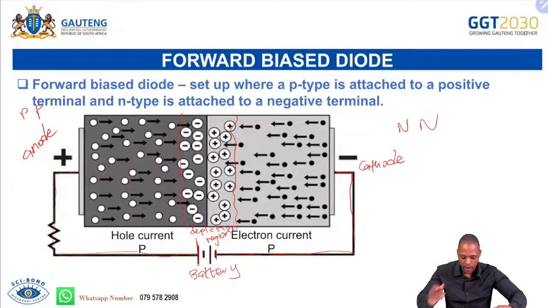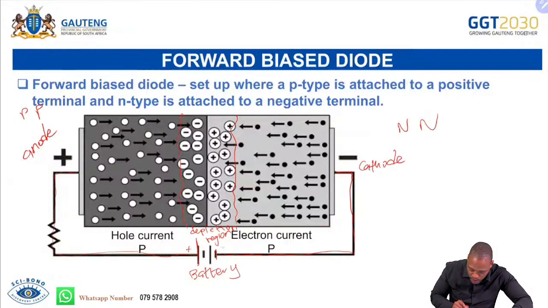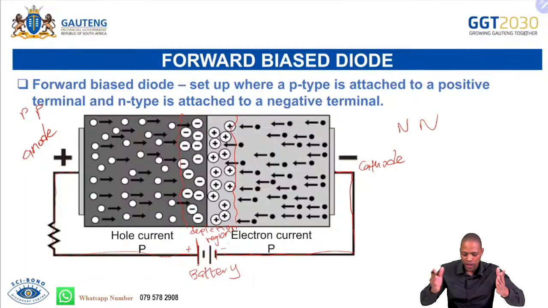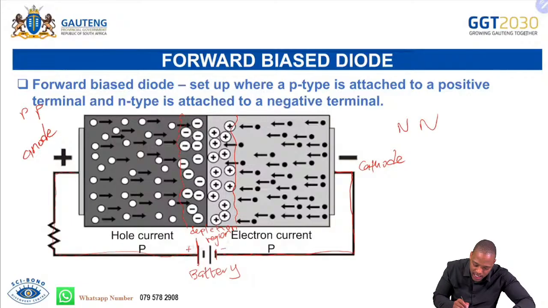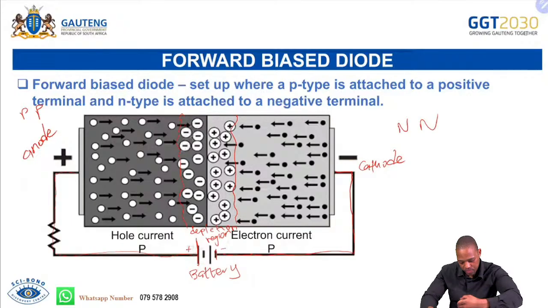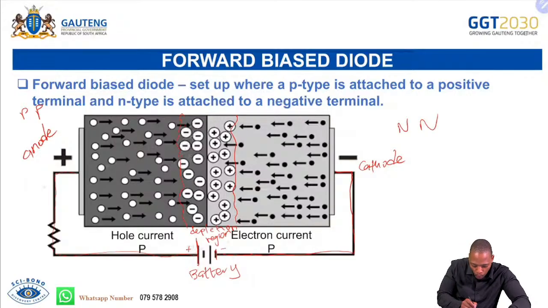Okay, how does this help us? Well, you would remember, this battery now comes in with positive charges. Positive terminal, positive charges. Negative terminal, negative charges. So what happens is that these positive charges here will start attracting these electrons, pulling them. Remember, these electrons were creating a depletion region here.